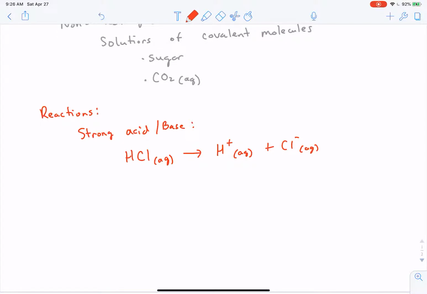A single arrow implies that the reaction is significantly forward, meaning that it isn't very reversible. So strong acids and strong bases dissociate 100%. So therefore, if you start with 1 molar of this, you end up with 0, and you end up with 1 molar of each of these ions. They dissociate 100%. A little bit of ice chart, equilibrium.